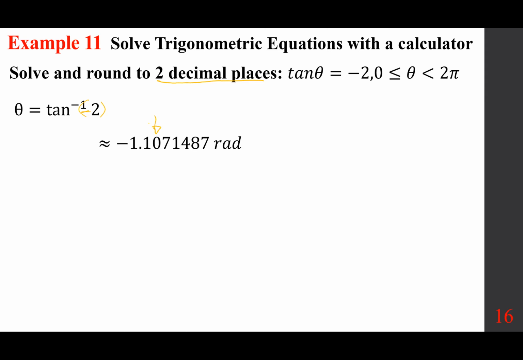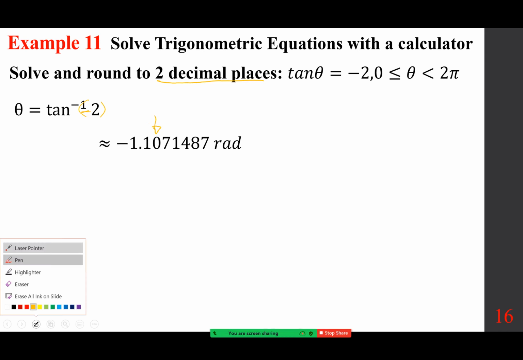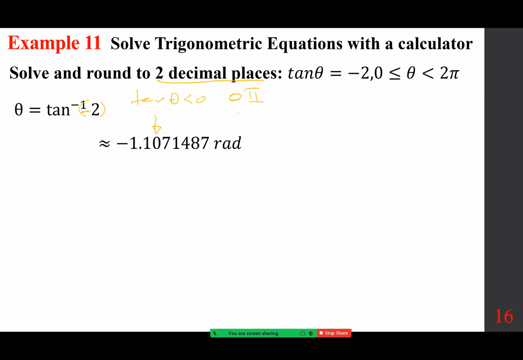All you have to do is add pi, that gives you one answer, which is in the second quadrant, because tangent is negative in the second quadrant and in the fourth quadrant.